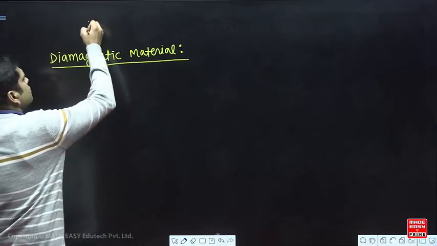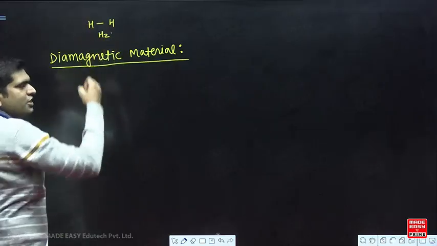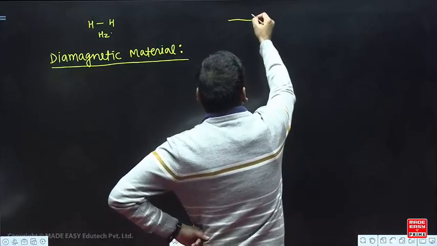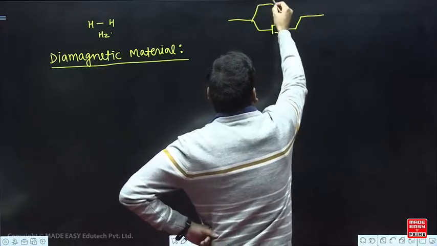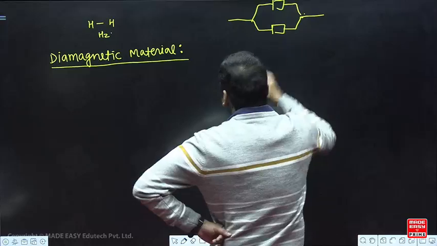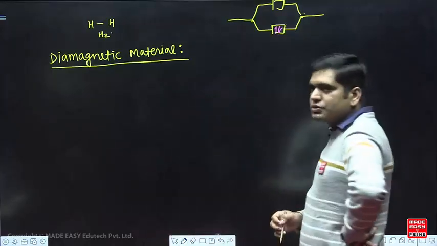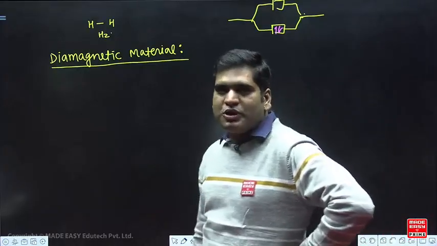H does not exist by itself, it exists in the form of H2 molecule. So in H2 molecule, the structure is something like this, and both of the electrons are here. So it is paired, and if it is paired, net spin dipole moment would be 0.